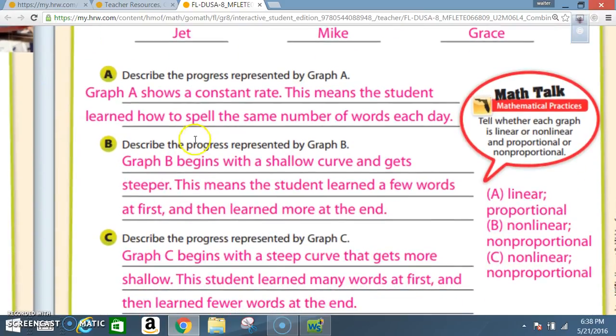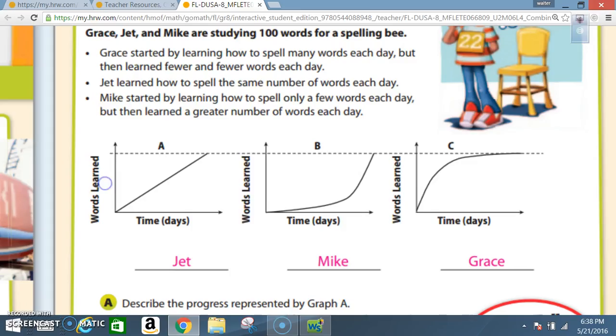B, describe the progress represented by graph B. Graph B begins with a shallow curve and gets steeper. This means the student learned a few words at first and then learned more at the end. See the y-axis? Those are the words. Very few words at the beginning, but as he went along, he learned more and more words.